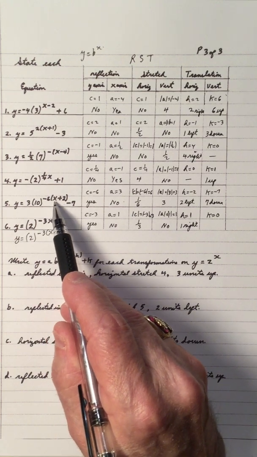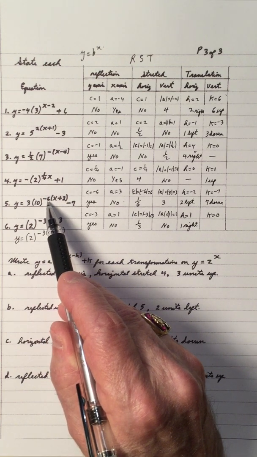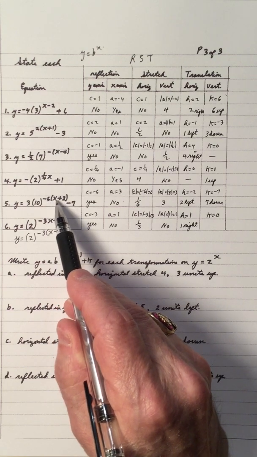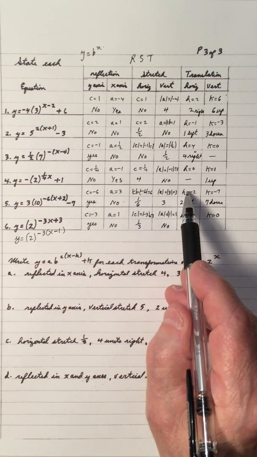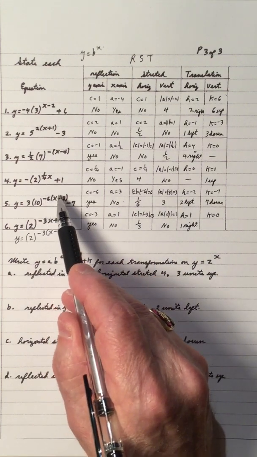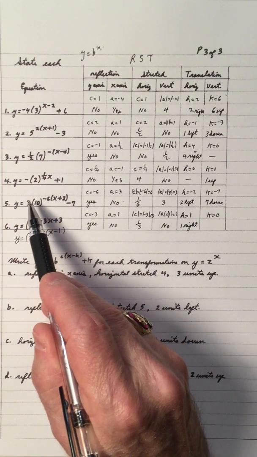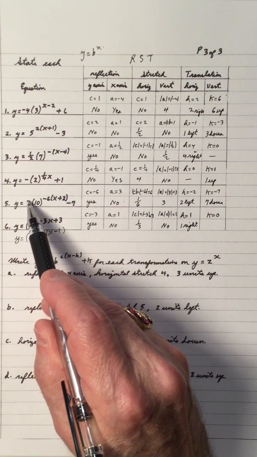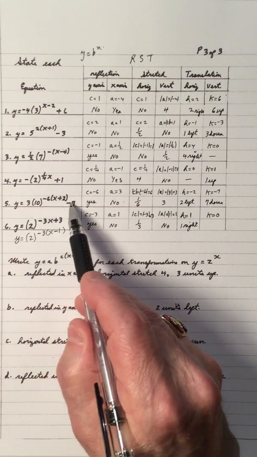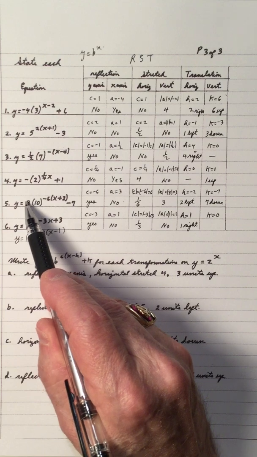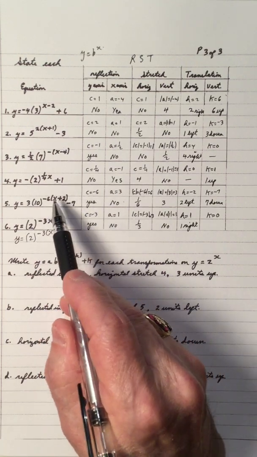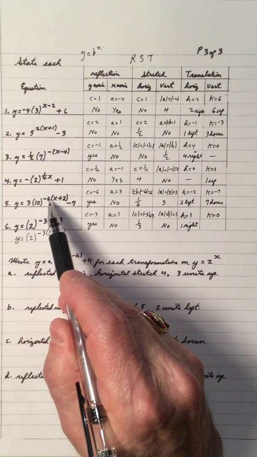But in terms of x, it's also the opposite of +2, which is -2. So in terms of the x, it's the reciprocal of this one, and it's the opposite of this one. But in terms of the vertical, it stays 3 as a stretch, and it stays -7. So in terms of the y, the stretch is 3 and -7 is the translation. But in terms of the x, it's the reciprocal and opposite.